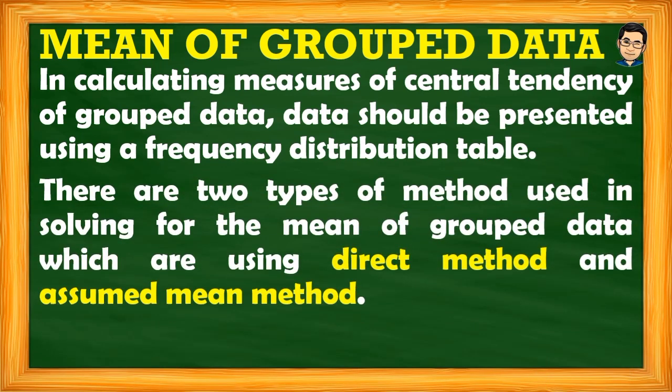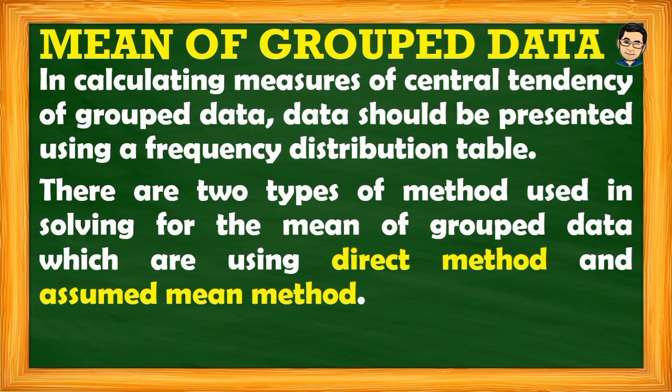There are two methods used in solving for the mean of grouped data: the direct method and the assumed mean method. Dito sa video lesson na to, ituturo ko po sa inyo kung paano i-calculate yung mean using two different methods.